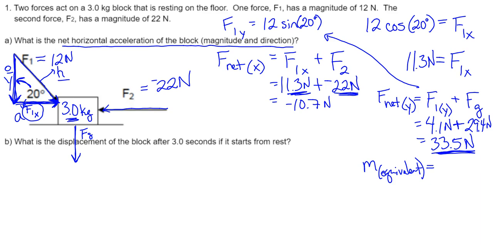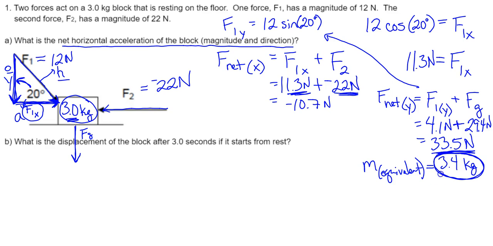So 33.5 divided by 9.8. Our mass equivalent is actually 3.4 kilograms. So the actual mass is 3.0 kilograms, but the equivalent mass, because of that extra force that we're pushing down on it with, makes it feel like 3.4 kilograms.